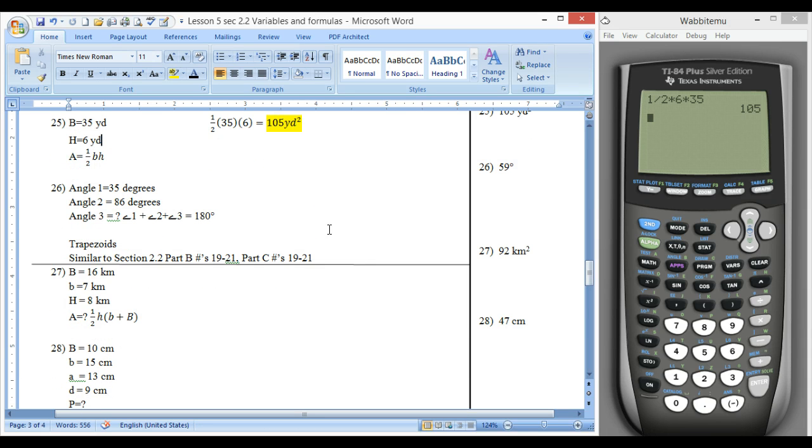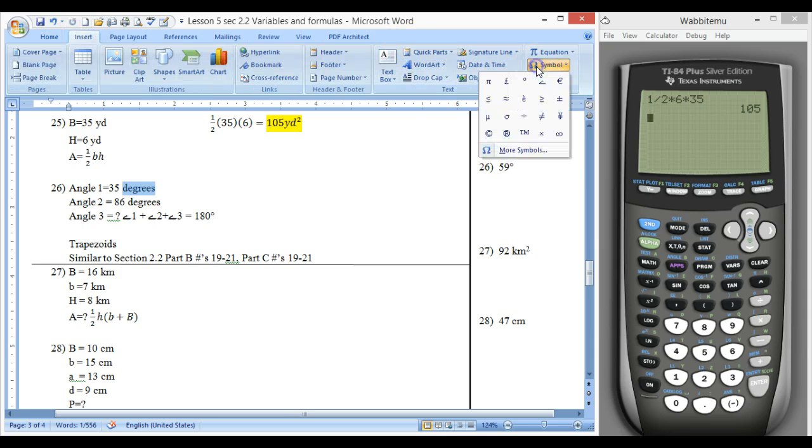Okay, the next part of triangles. They've given me two angles on this triangle. The first one is 35 degrees and the second is 86 degrees. We want to find the measurement of the third angle. Here's an example where you can type out degrees, or you can insert the degree symbol. It's up to you.